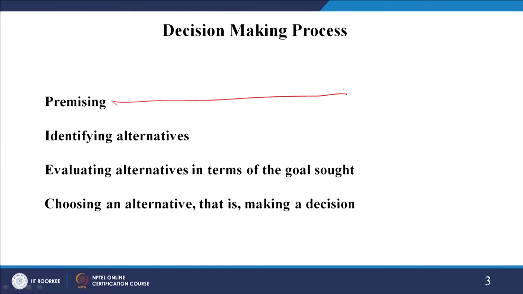So, to understand this, first we have to understand the process of decision making. Now, in the decision making process, the premising, this is the premises, and within these boundary walls you have to find out the solution for your question.